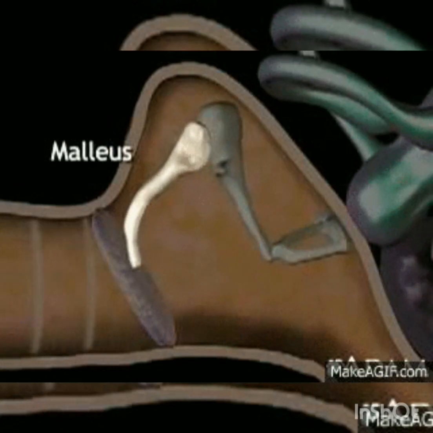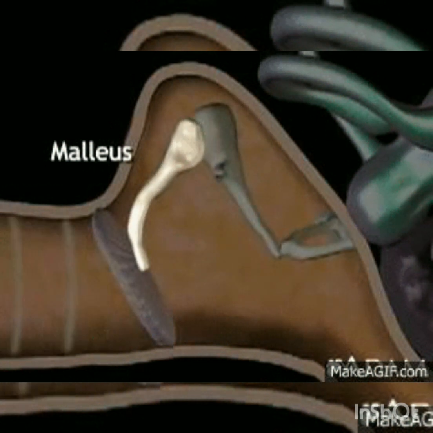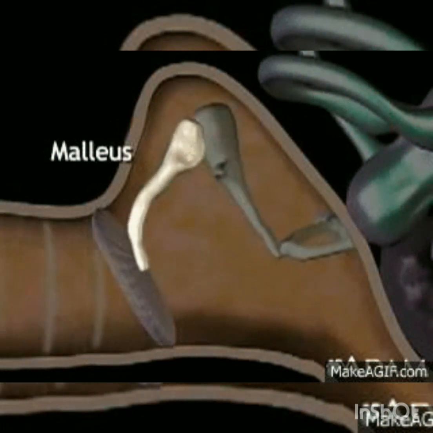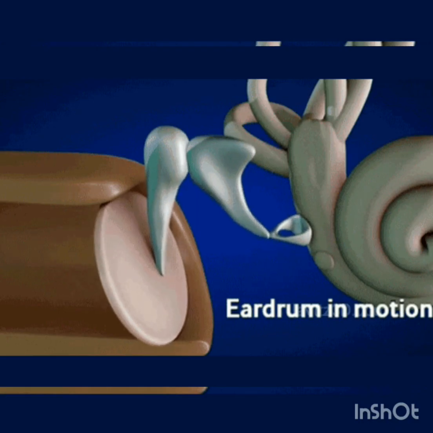Remember, here when you reach the middle ear, we don't talk about the sound waves. We talk about the sound vibrations, because the sound waves were turned into vibrations by the tympanic membrane. So the ear ossicles are responsible for transmitting these vibrations to the inner ear.